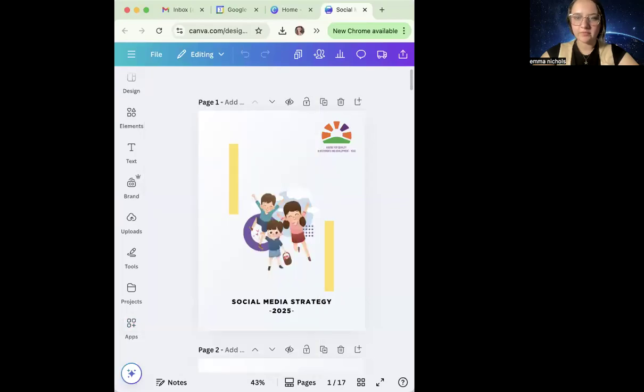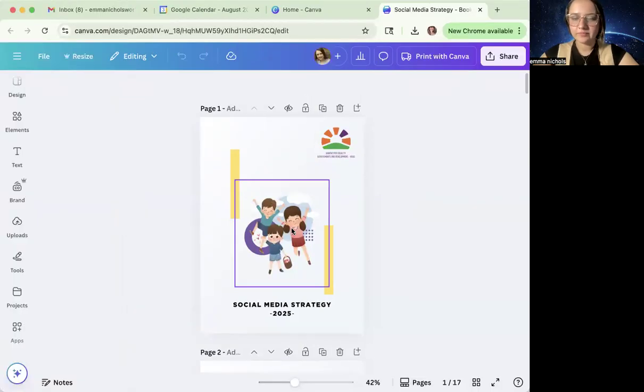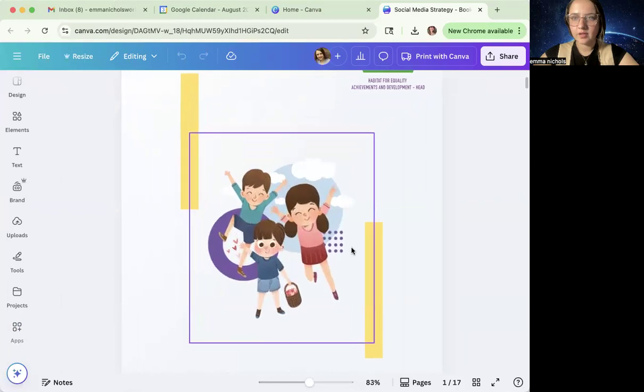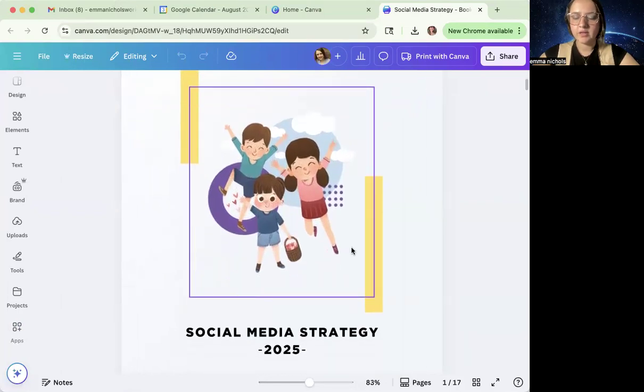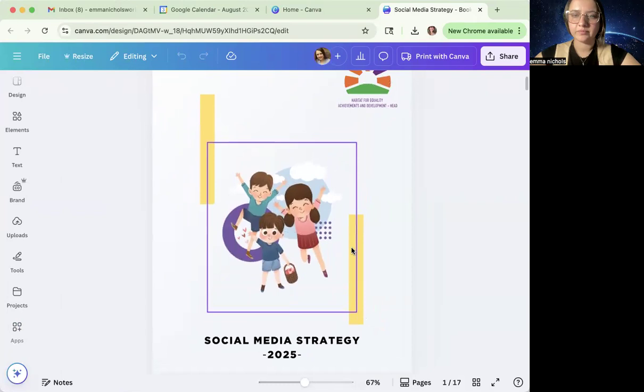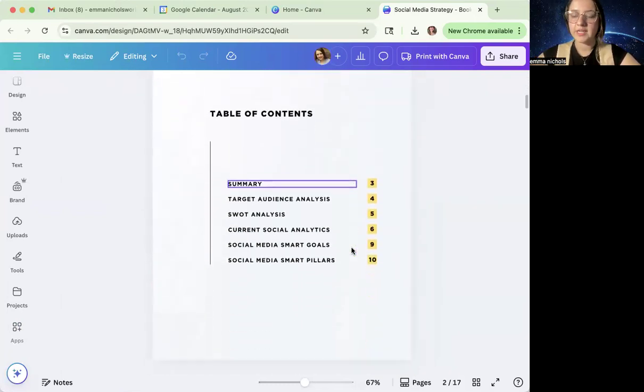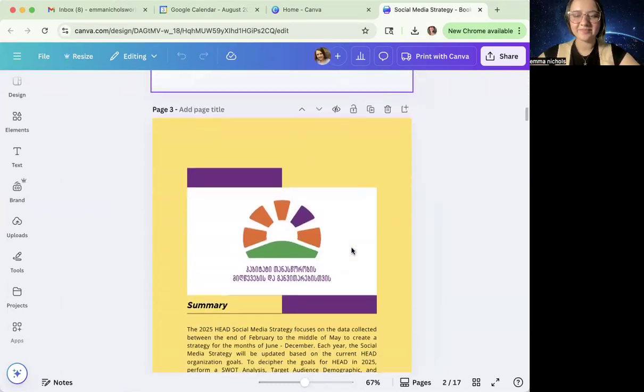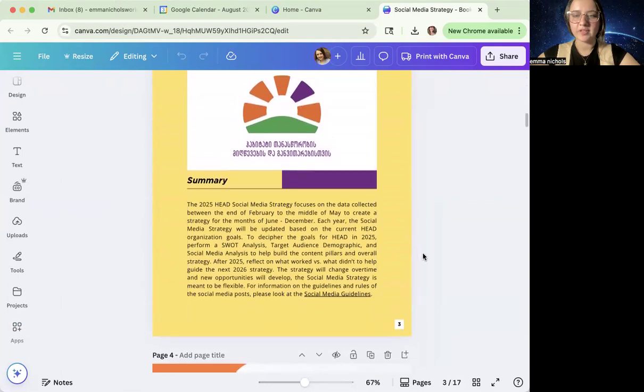I'm going to go ahead and share my screen and just kind of walk through it as well. All right. So here is the cover. We've got the table of contents, and we're going to start off on the summary.